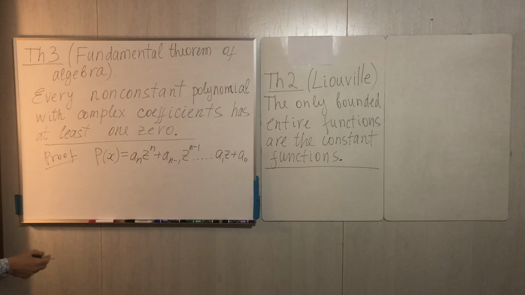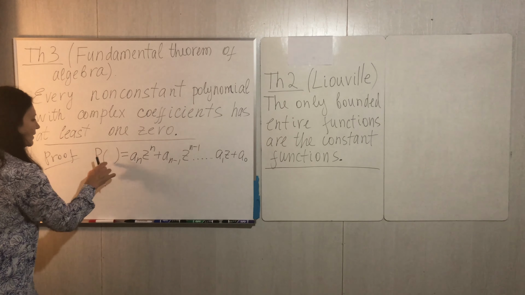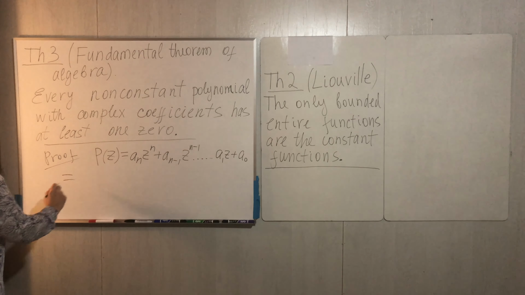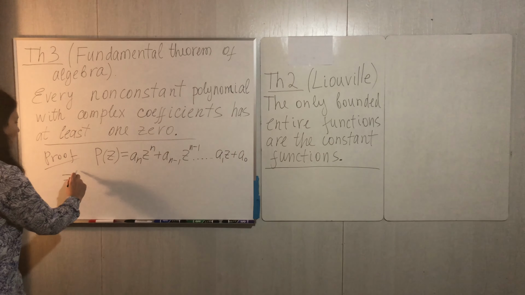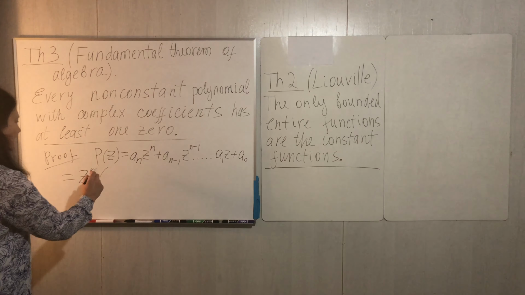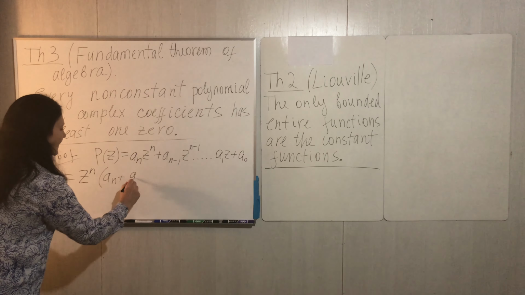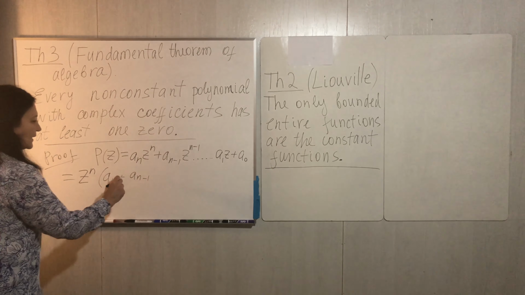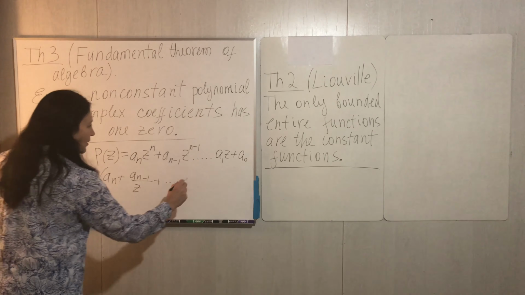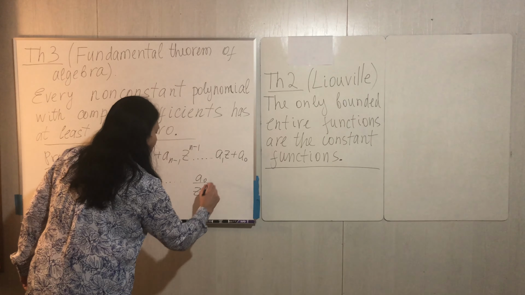How can we see it? Here we have p at z. We can rewrite it if we pull out z to the n, then here we will have a_n plus a_(n-1) divided by z plus a_0 divided by z to the n.